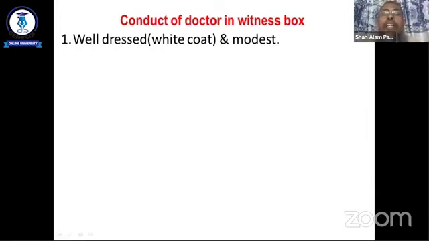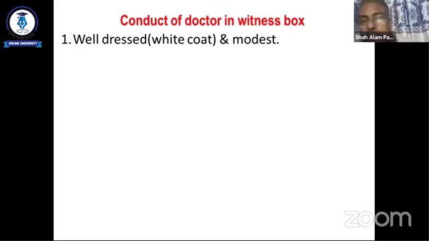Another important matter is the conduct of a doctor in the witness box. This is one of the important skills that every doctor needs, because people usually go to the court either to file a case, to seek justice, or to give evidence.